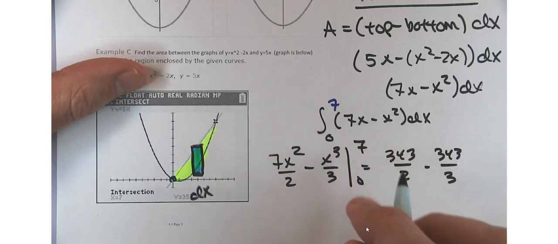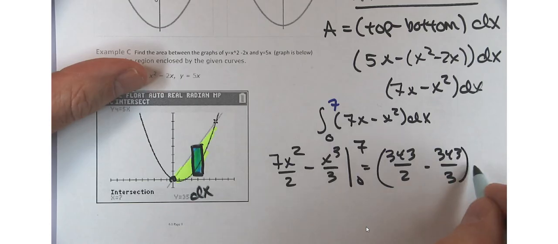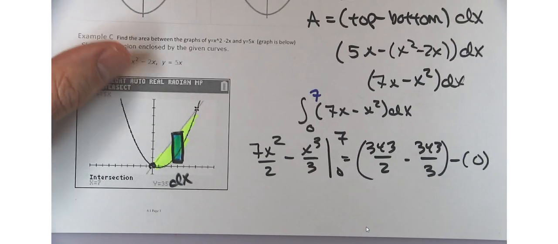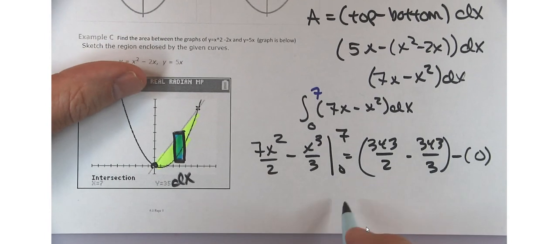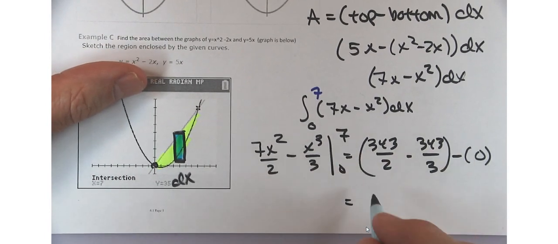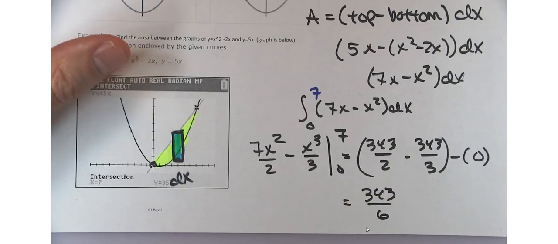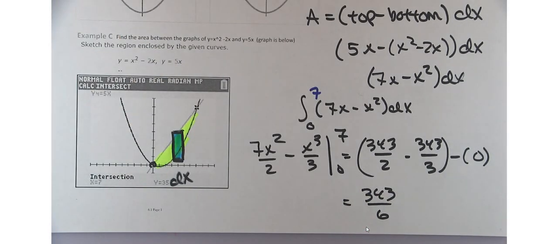So that's plugging in x equals 7. If I plug in a 0, I just get 0. And if you do the arithmetic here, I believe you're going to get 343 over 6 when you get common denominators and finish subtracting. Yay, a nice exact answer.